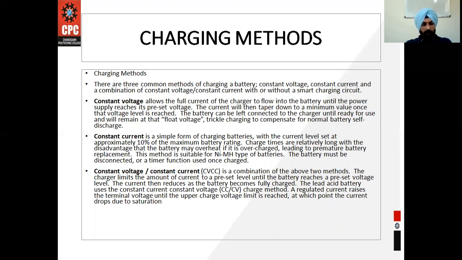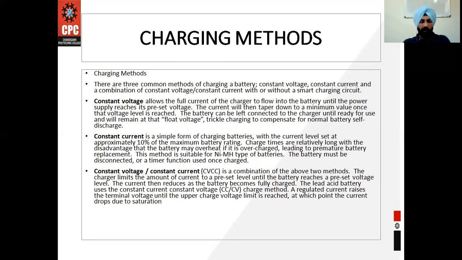Next is constant voltage or constant current, also known as CVCC, which is a combination of the above two methods. The charger limits the amount of current to a preset level until the battery recharges to a preset voltage level. The current then reduces as the battery becomes fully charged.